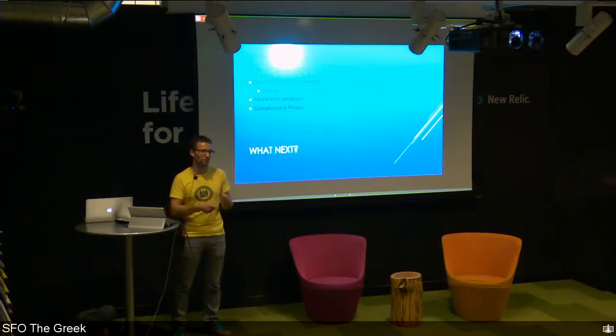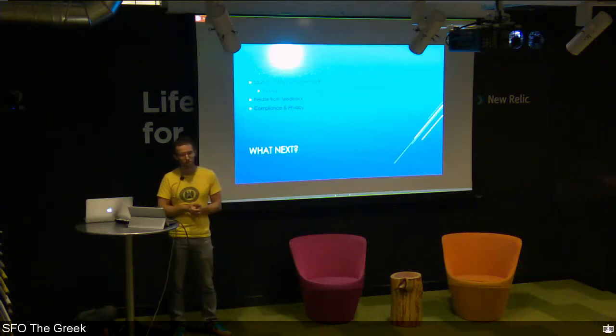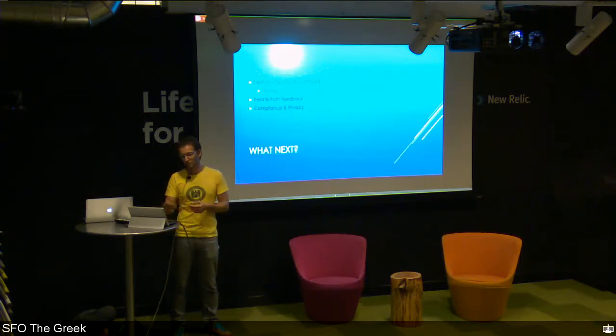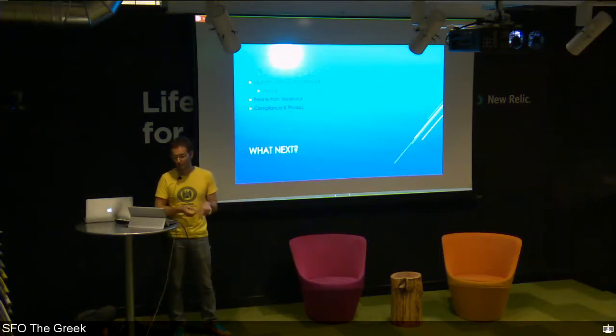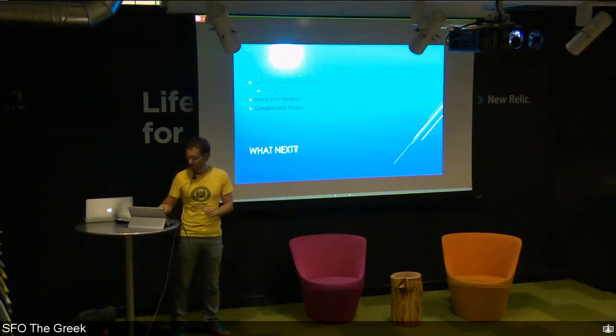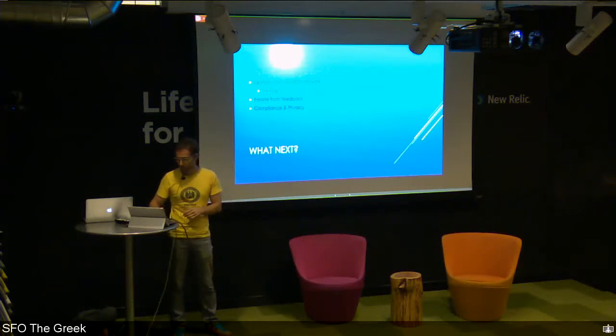So we start to think about the next changes to the protocol. One of the areas we are really thinking about is whether there are certain things we should be doing in this layer to deal with compliance and privacy.